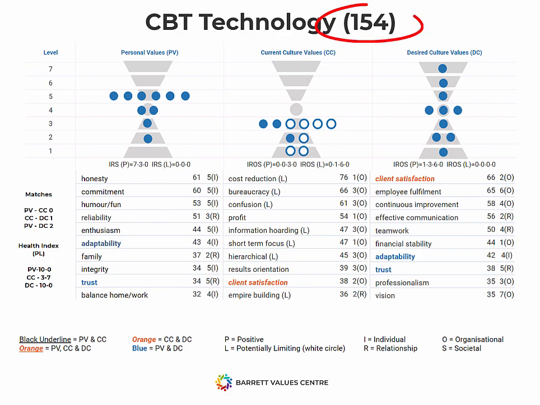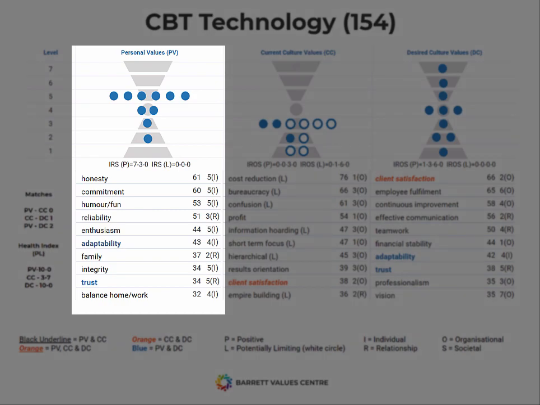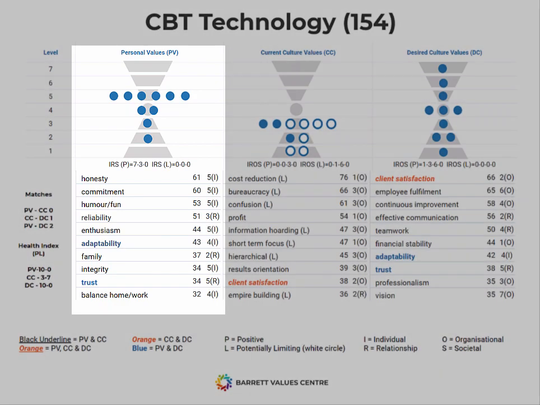You can see that 154 people took this survey, and the number one personal value was the word honesty. 61 people picked that value, and it's a level 5 value, so one of the dots at level 5 is a representation of the word honesty. Another example would be the word family at level 2. So these three columns tell us important data. The first column tells us the personal values of the people and what's most important to them.